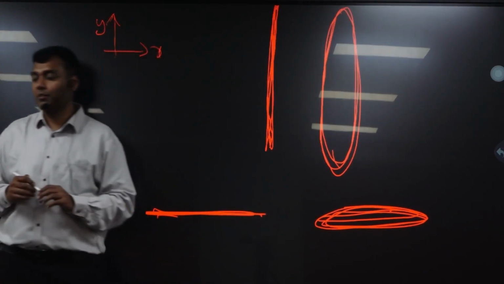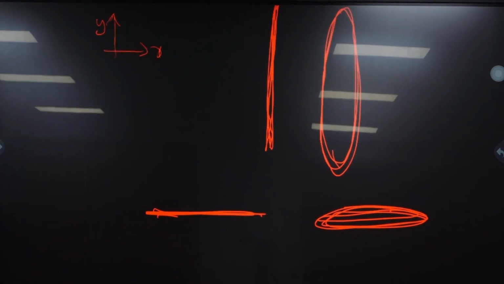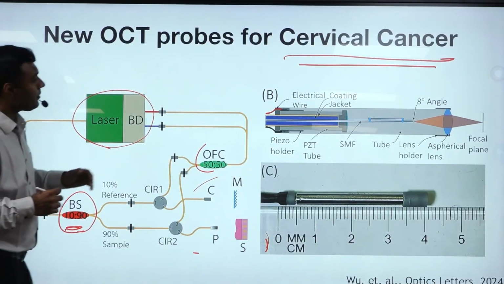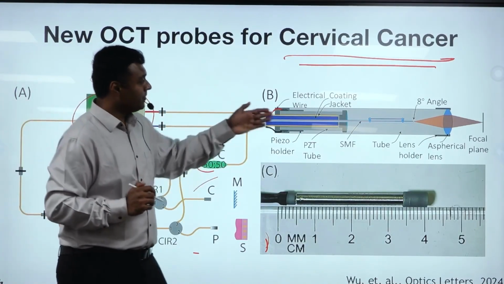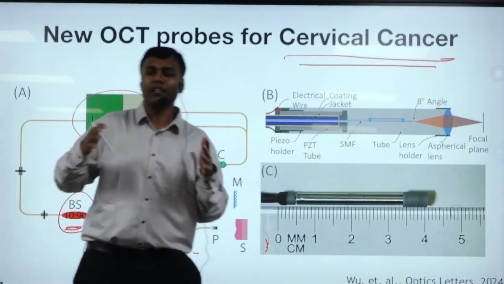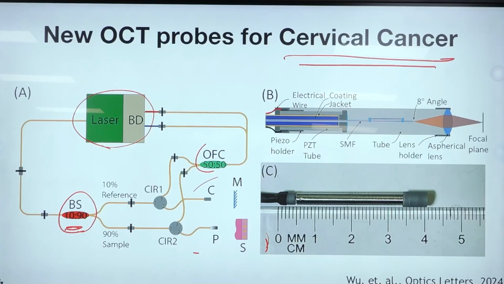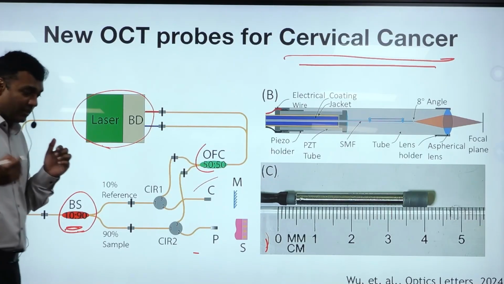So this was a practical problem we were trying to resolve, and one of the ideas we came up with was to break the symmetry. You want to make something different between the y-axis and the x-axis. The way we did it was fairly simple.